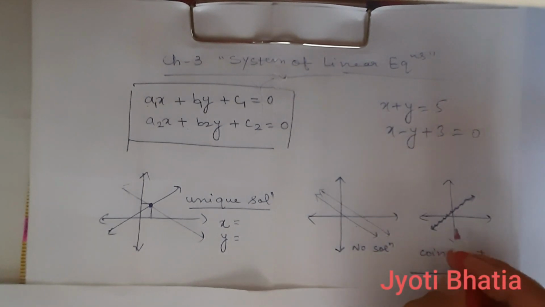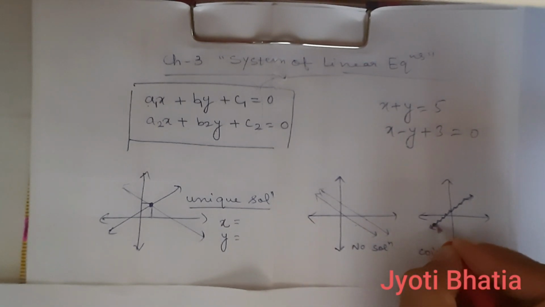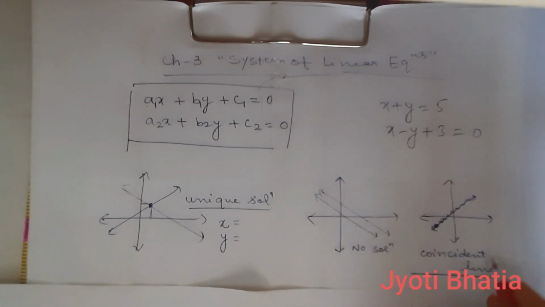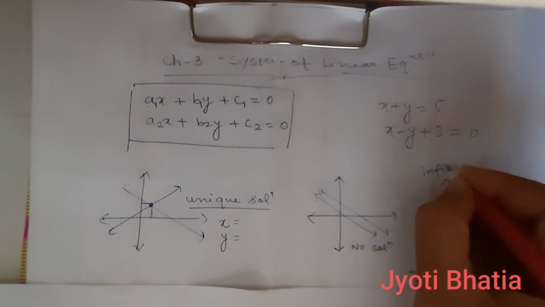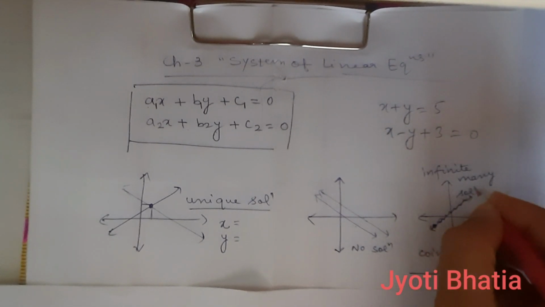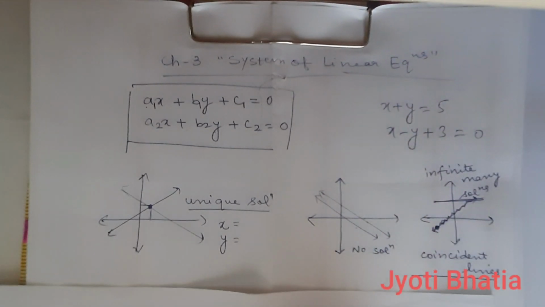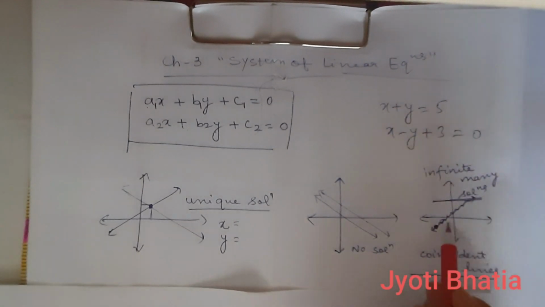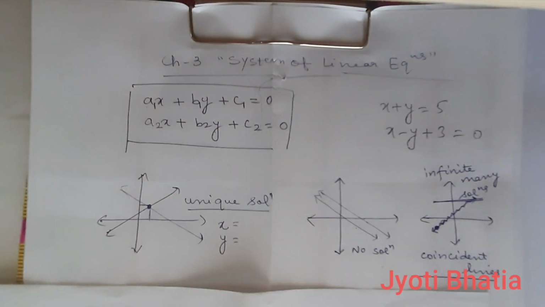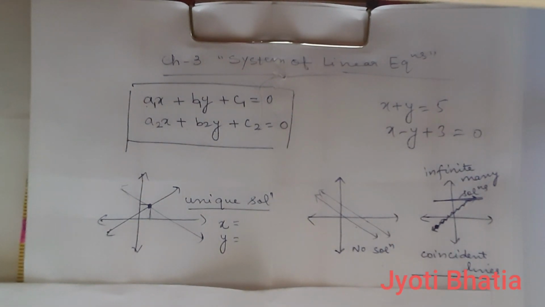And since every point on equation 1 is lying on equation 2 as well, we say that these kinds of equations have infinitely many solutions, because a straight line can have infinite solutions on it. Arrows are represented because it can be extended in both directions, right? So these are the 3 types of lines.